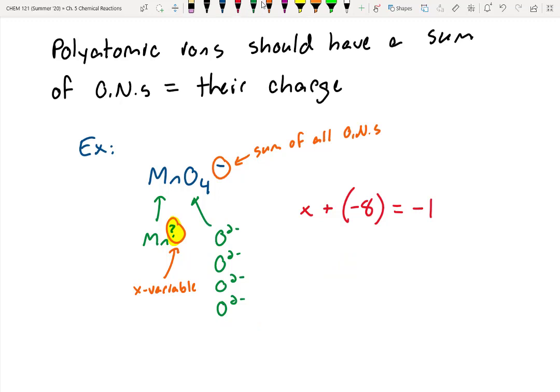Well, let's try to solve for x now. Well, that's not too bad. We're just going to add 8 to both sides. So we'd say that x must be +7, right? Which tells us that we're dealing with manganese that has an oxidation state of 7+. So it's a little bit weird that way. Like I said, oxidation numbers for transition metals can be a little bit tricky.